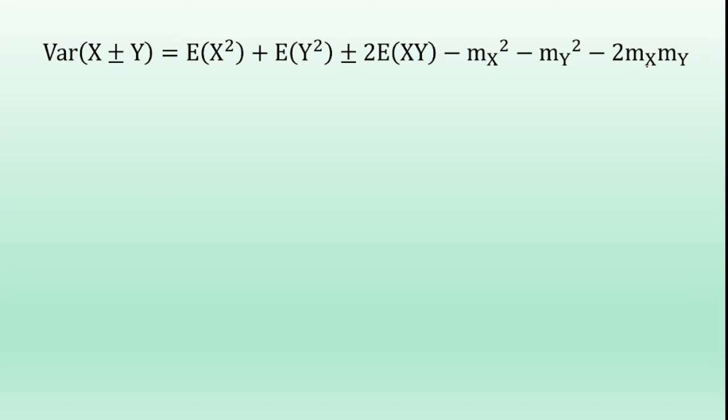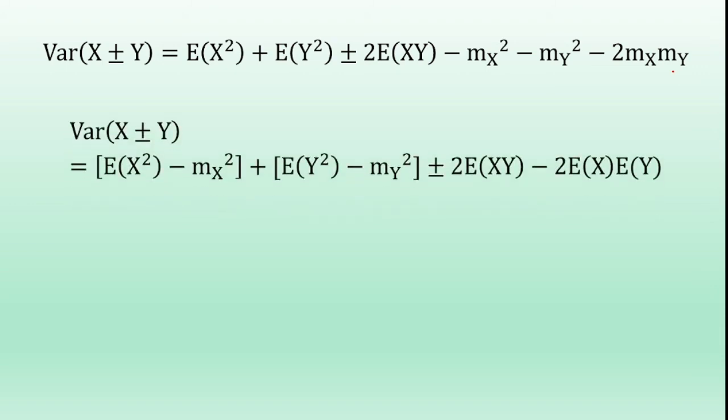So mx is also denoted as expectation of x, my is also denoted as expectation of y. So the RHS term of the equation is also written as expectation of x square minus mx square, expectation of y square minus my square, plus or minus 2 expectation of xy minus expectation of x, expectation of y.